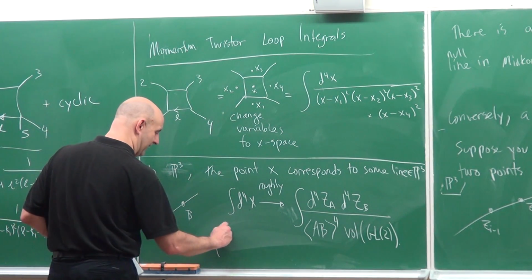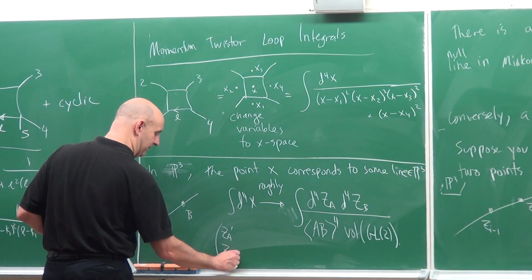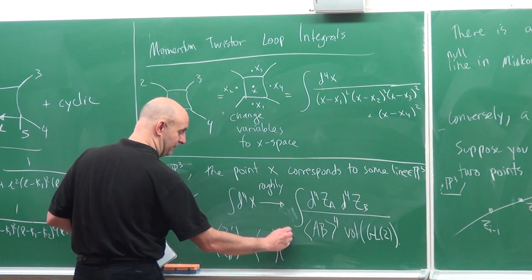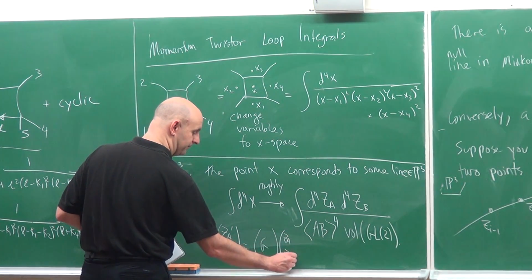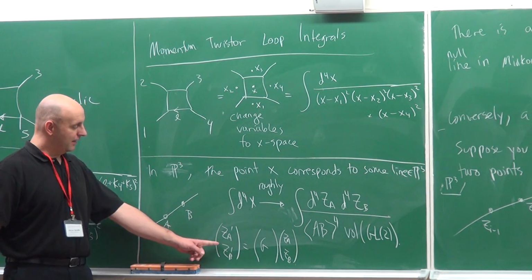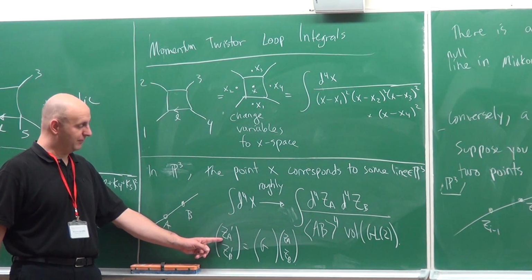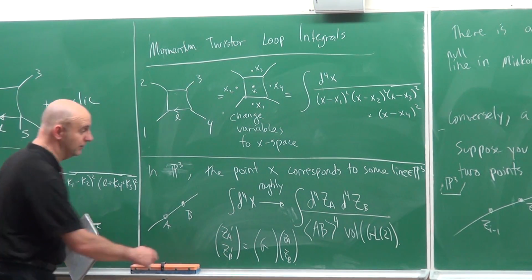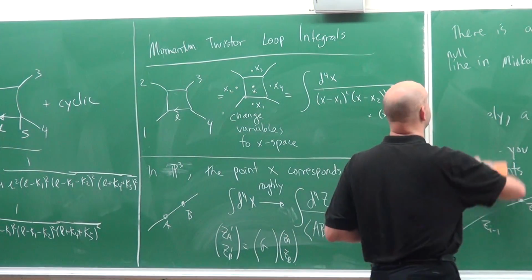If you let ZA' and ZB' be some GL2 transformation on ZA and ZB, then these 2 variables define the same line as those 2. So you don't want to overcount in your integral.